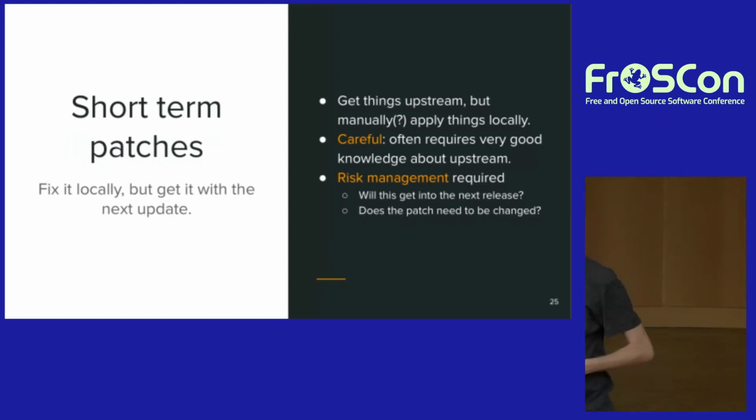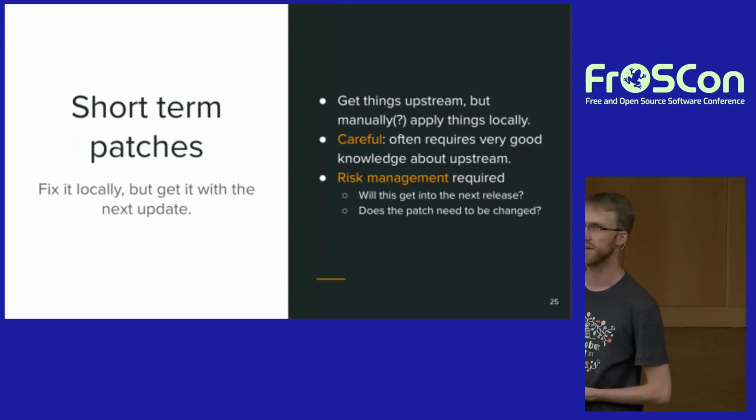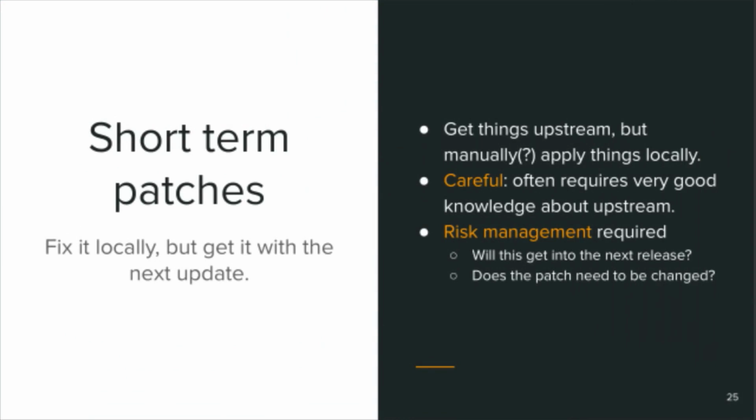Again, this is something where you have to do some kind of risk management, because if you really don't know the upstream project and you don't know that you can get it in, then you probably want better documentation, a better structure of keeping track of these patches. But if you do know the project and you can reasonably say that you probably get this in.